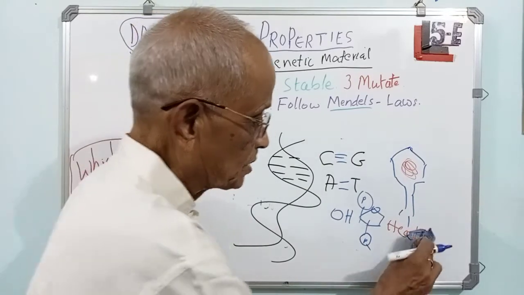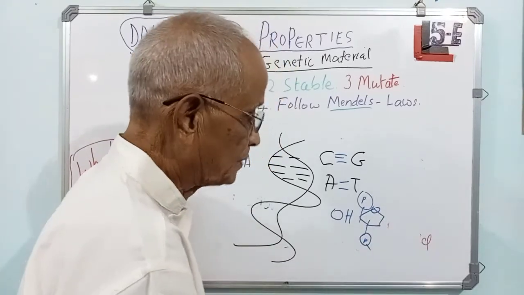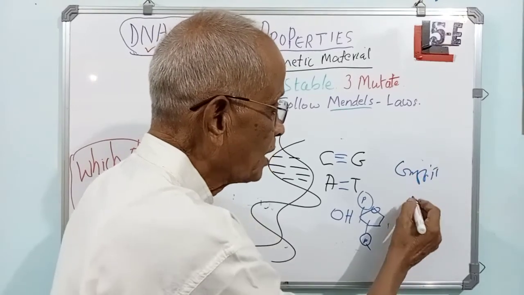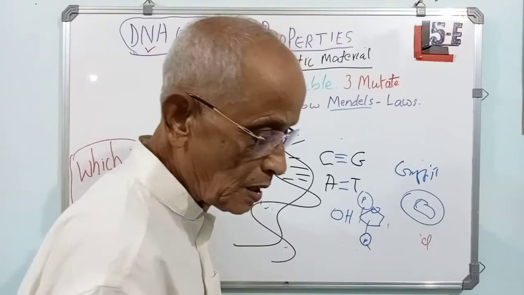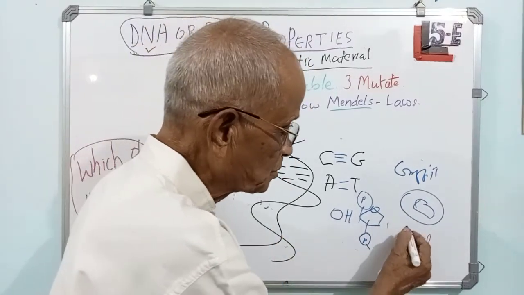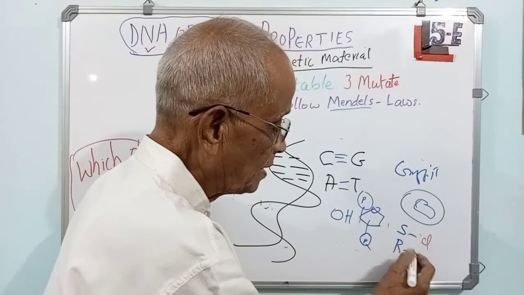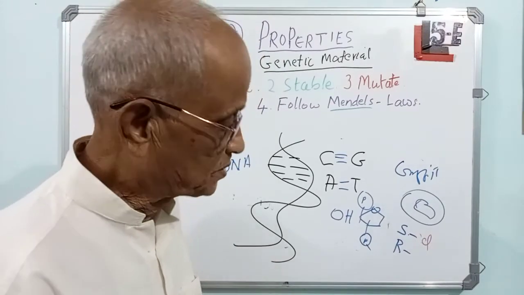I'm sorry, it's not the correct one I'm telling, I will take that back, that is the work of Griffith, where E. coli was there, and to that E. coli, he introduced the S and R types of the pneumococcus bacterial cells.